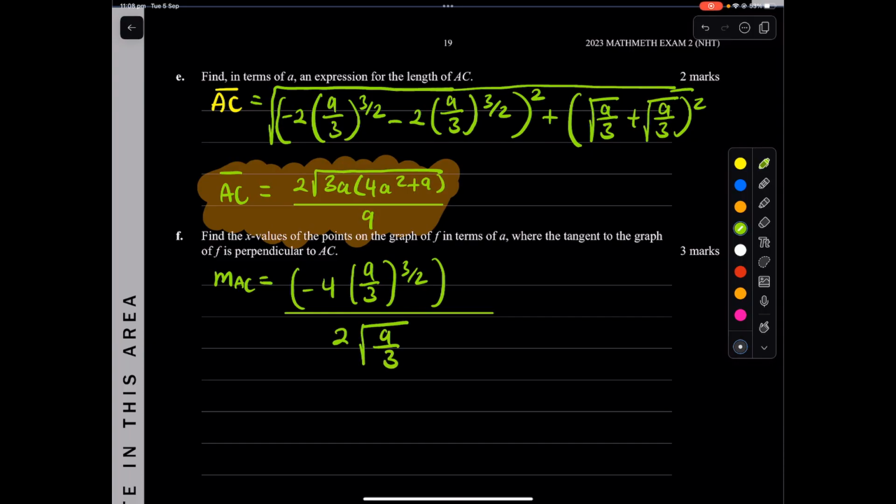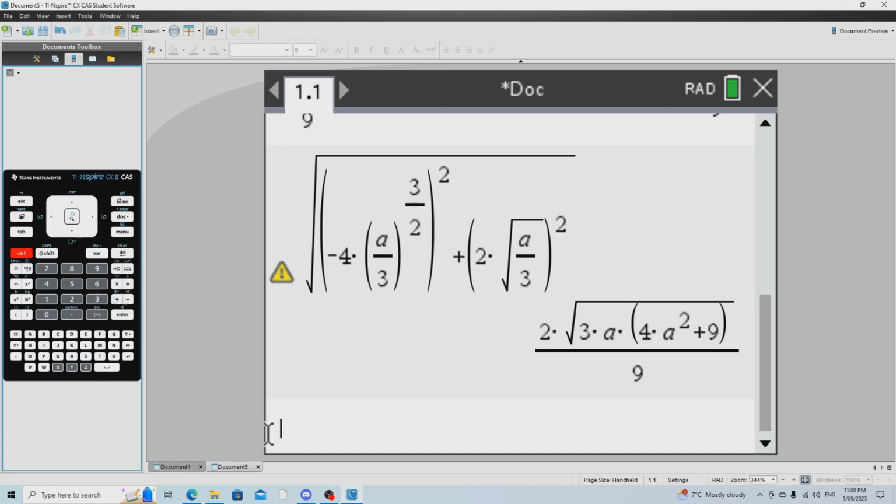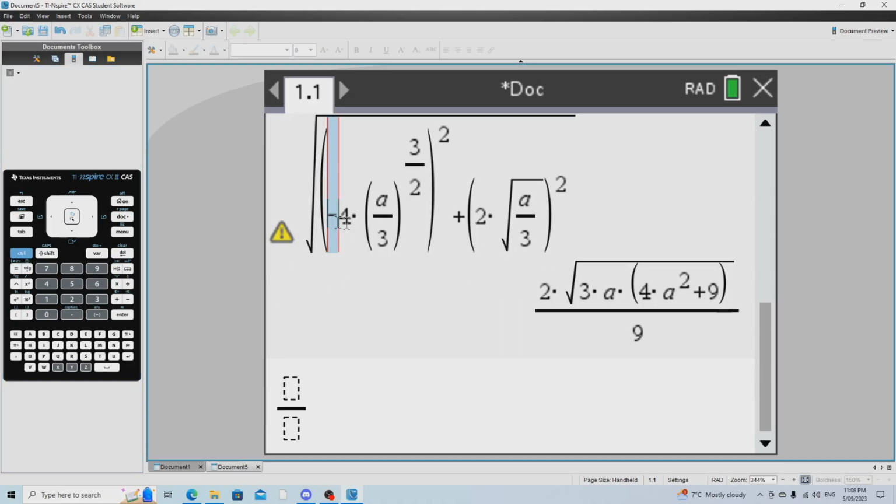So the gradient m of AC is what? If I go on my calculator and put this point over here.